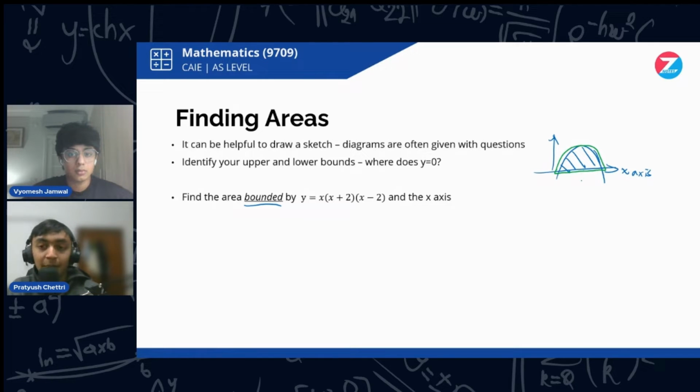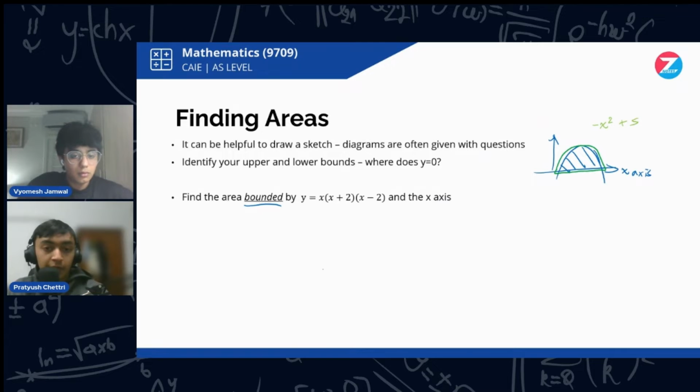That means it's bounded. By contrast, stuff below it, let's say this is minus x squared plus 5, these don't bound anything. They just keep going larger. They're just lines. Which is why when it says bounded by, we only want this area here.